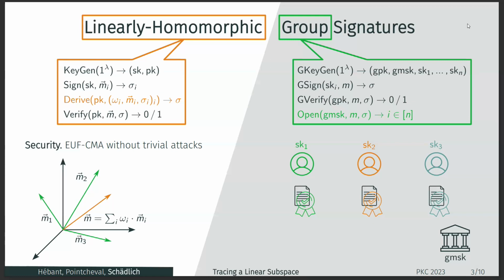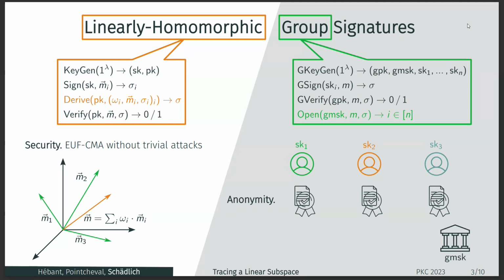And regarding security, we have 2 requirements. The first one is called anonymity, and it essentially means that all the signatures look the same and behave in the same way. Of course, anonymity is a very desirable property, but it's also the perfect environment for corruption or malicious behavior in general.